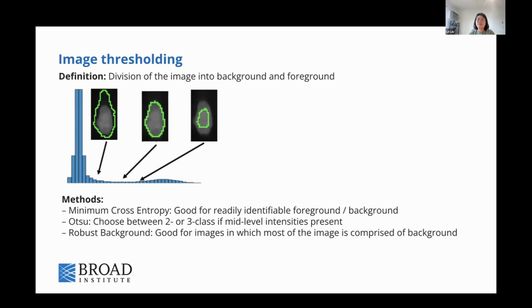Auto is very robust for this case with multiple intensity peaks. Another method called robust background is ideal when your image has a lot of background and only some bright spots, like in some experiments. You can choose robust background.